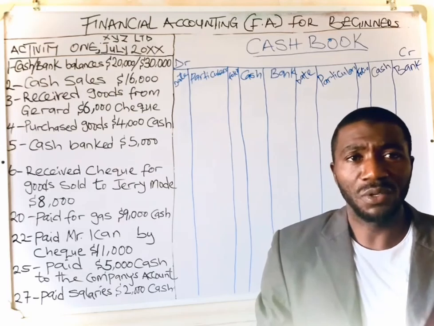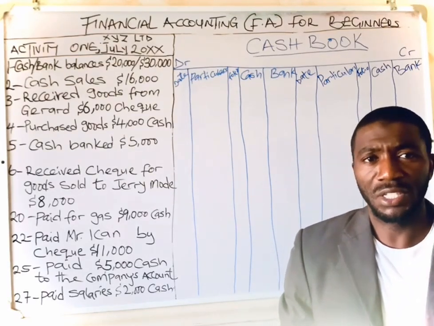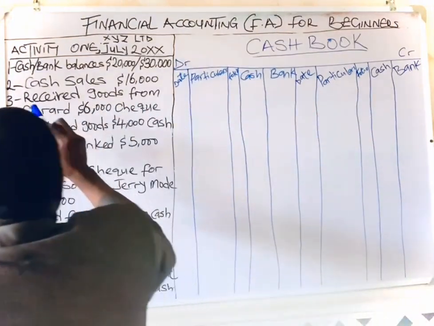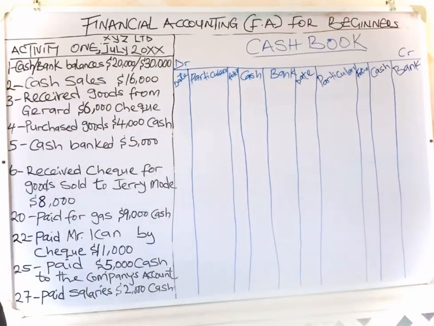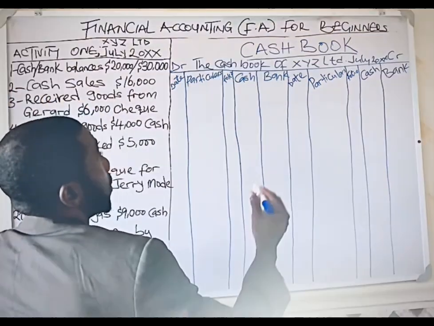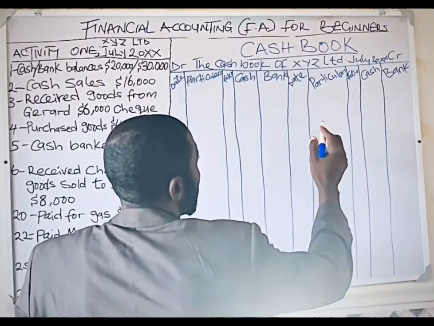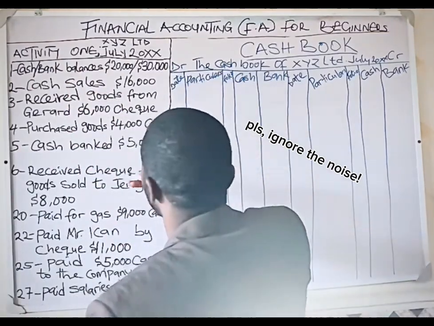But just pay attention, listen to what we're going to tell you, you will get it all. So let's continue. These are our transactions, and activity 1, that is the transaction. The cash book of XYZ Limited, July 20XX. These are the transactions that the company has.